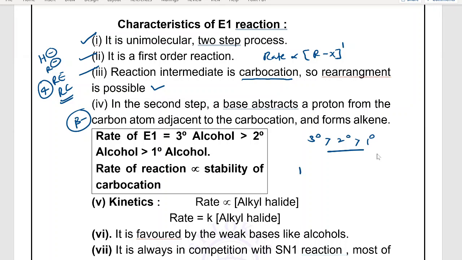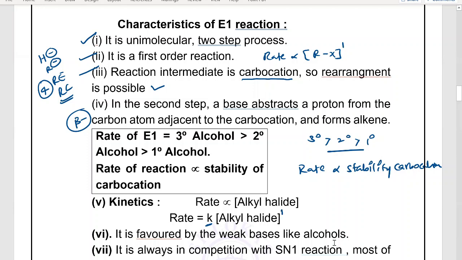Very simple: the rate of the reaction is directly proportional to the stability of the intermediate carbocation. Next, what is the kinetics? Rate is directly proportional to alkyl halide. If you remove the proportionality, you can put a constant, which is called the rate constant, and the molar concentration of alkyl halide to the power 1.